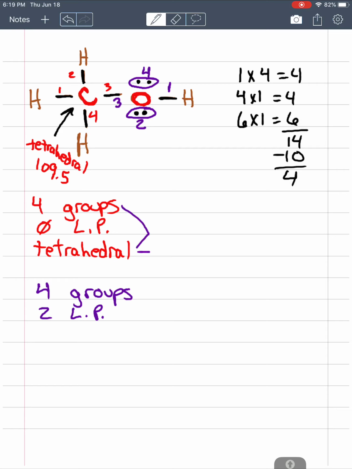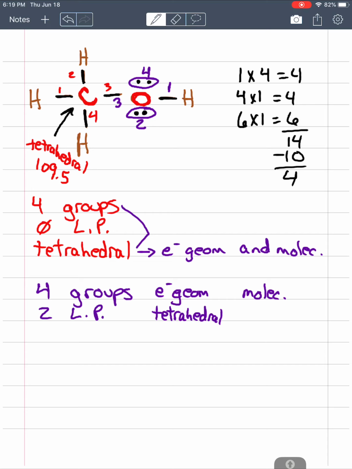And with this one up here, this was electron geometry and molecular. And this one, the electron geometry is tetrahedral, and the molecular geometry is bent.